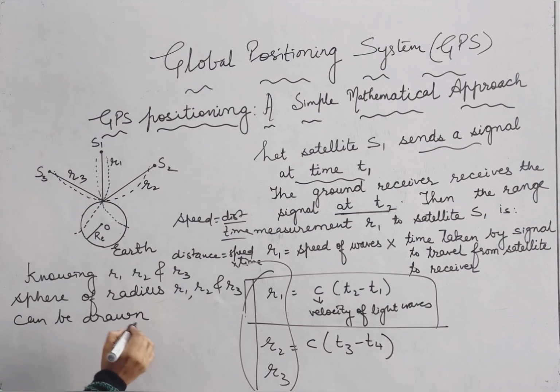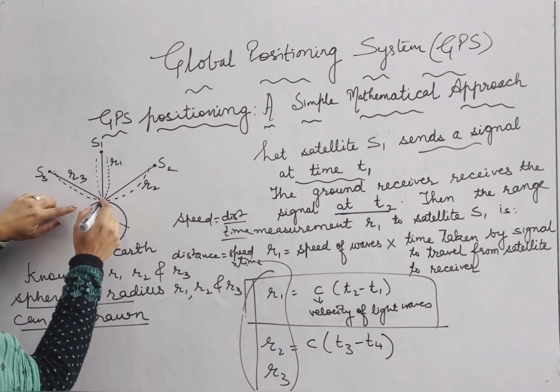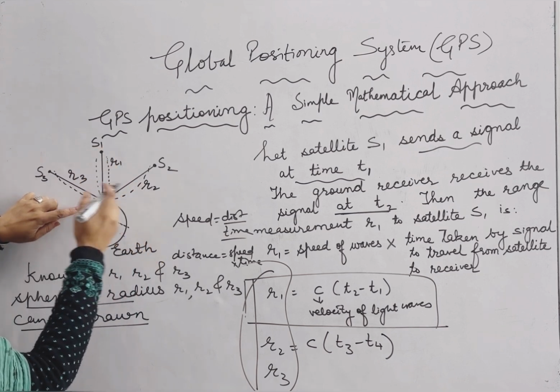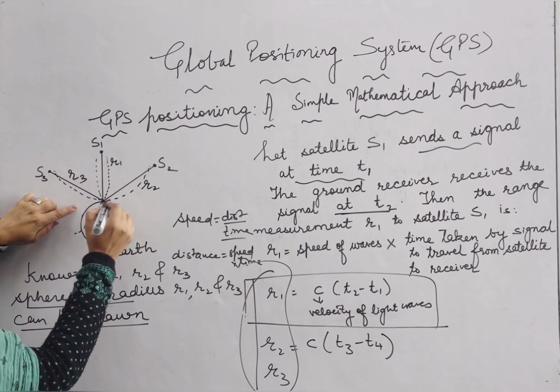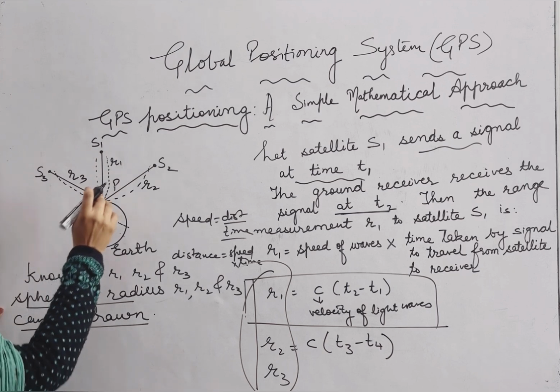Now, the point where these spheres intersect will give us the position of the receiver. Here you can see these are the arcs of the radius R1, R2 and R3, and they all are intersecting, say, at position P. So P is the position of the receiver.